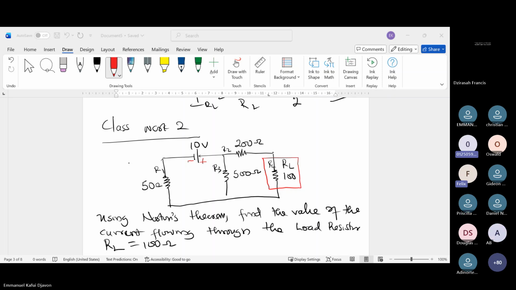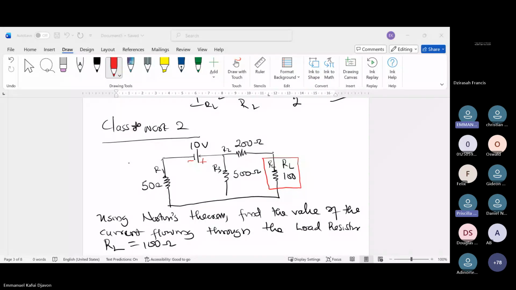So when you find it, your Rn will be 66.53. To check, in redrawing the circuit, what do we have?